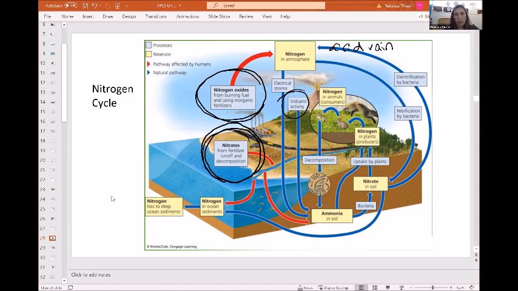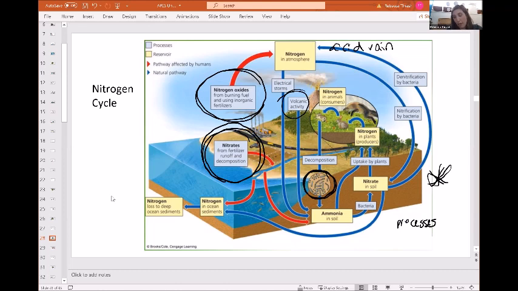Now, one thing I will say: if it were me, of all the cycles, I would go back and learn the actual processes for this one. This is huge. You have got to know what these microorganisms are doing.